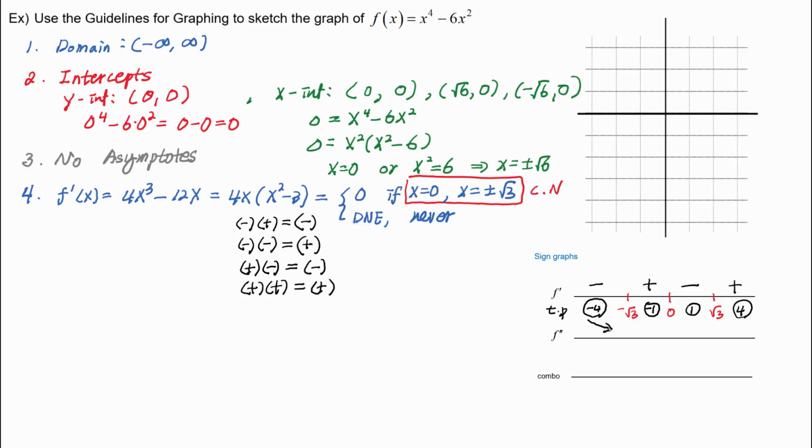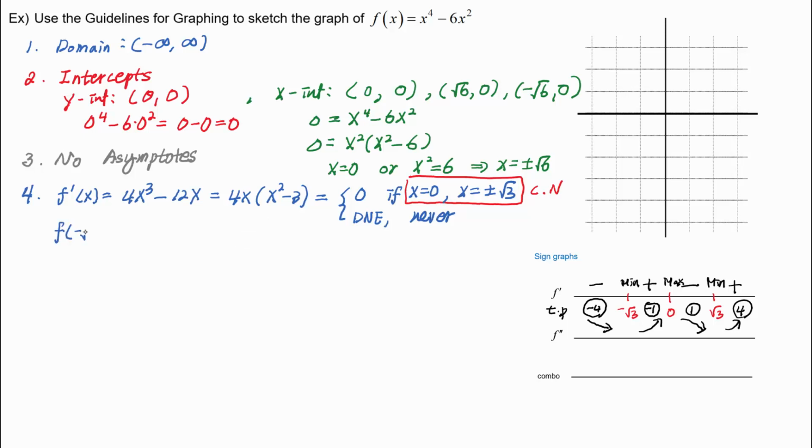So my graph goes down and up and down and up. So I have a relative min here, and I have a relative max there, and I have a relative min there again. Let's find those relative extrema.